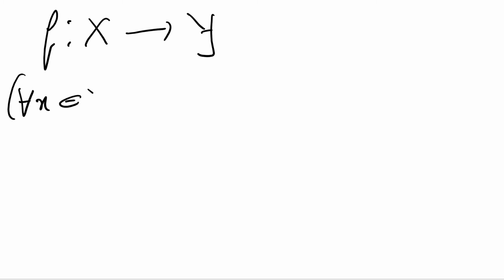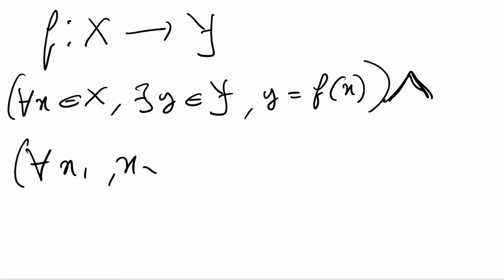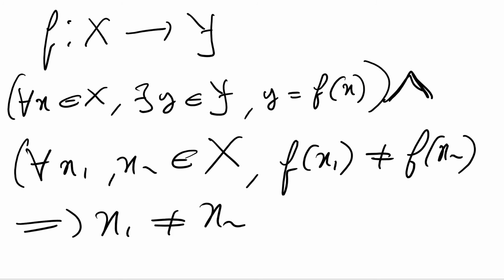So this is the general mathematical notation of that. We say that f from X to Y is a function if for all x in the domain, there exists a y in the codomain such that y equals f of x, and for all x1, x2 in the domain, f of x1 different from f of x2 implies x1 different from x2.